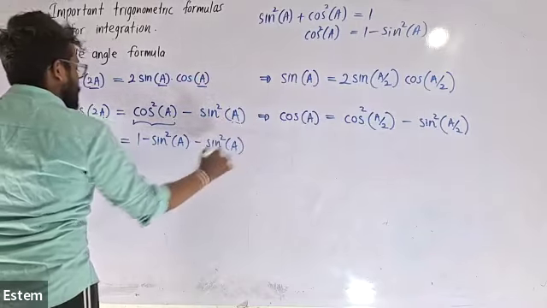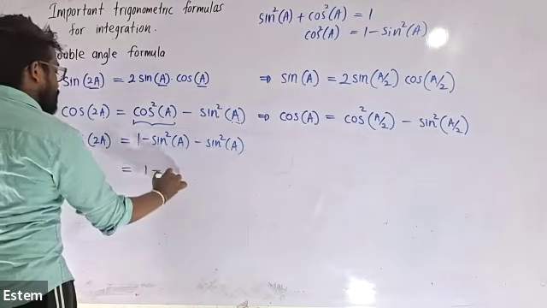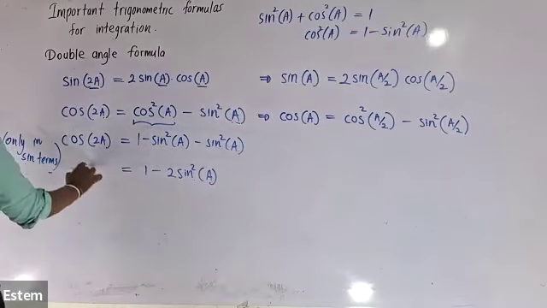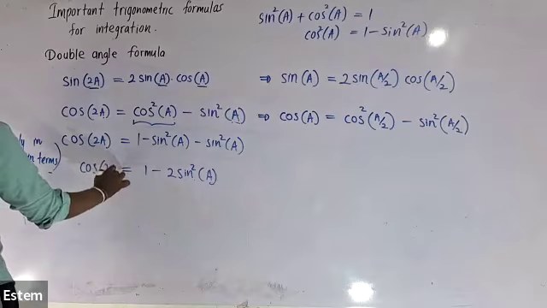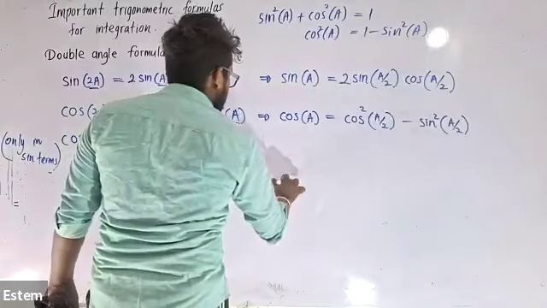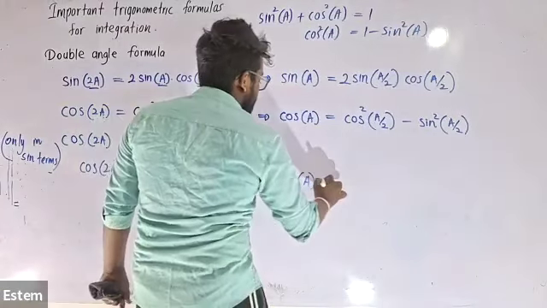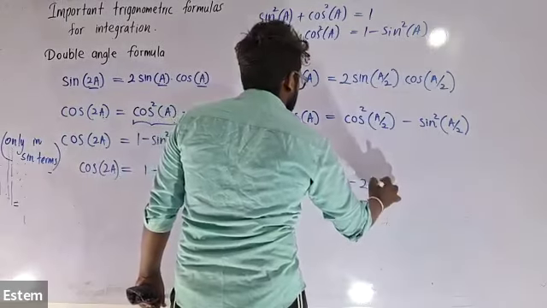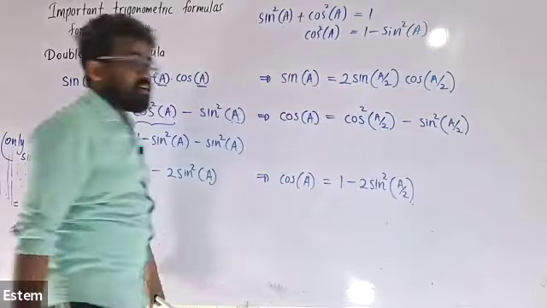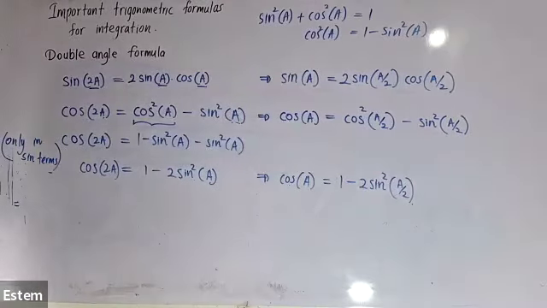Then what's the final answer? 1 minus 2 sin squared a. But this is a, this is 2a. If there is cos a, how should we write it? 1 minus 2 sin squared a over 2.